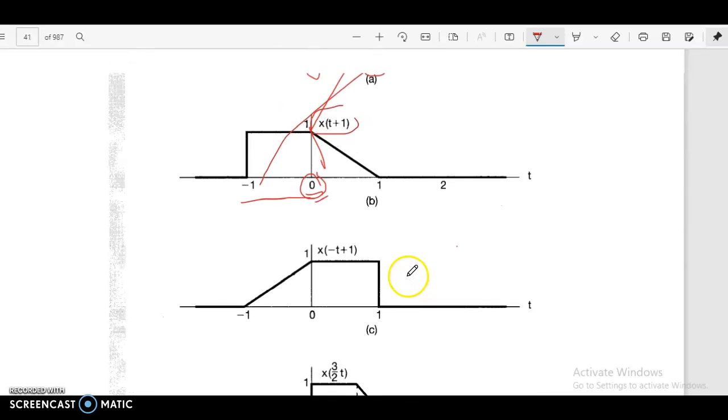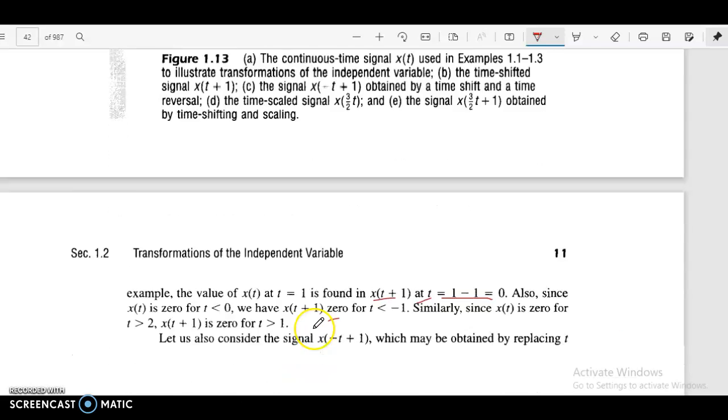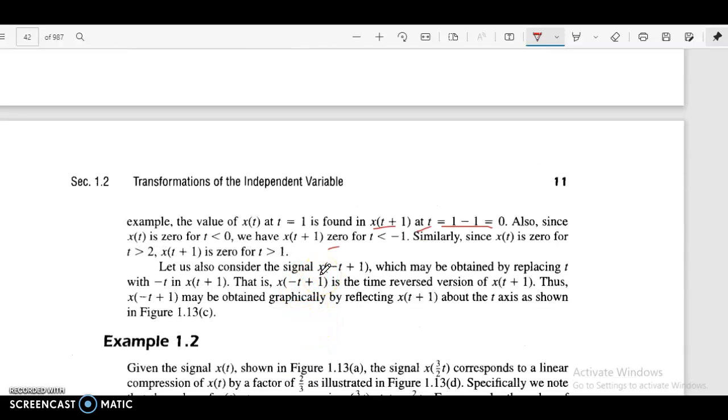That is here only. When t is less than minus 1, x of t plus 1 is 0 here.